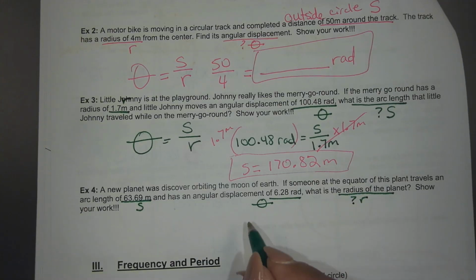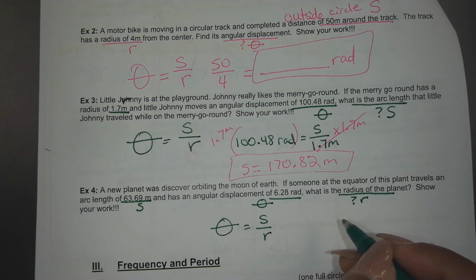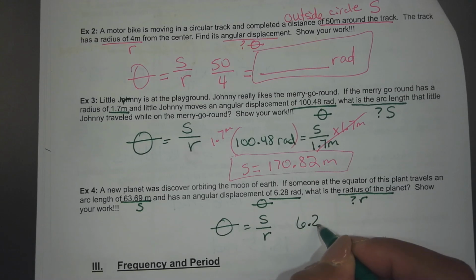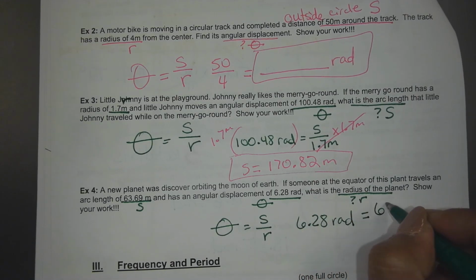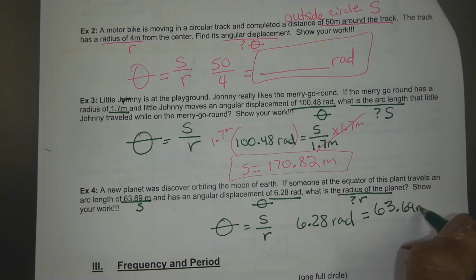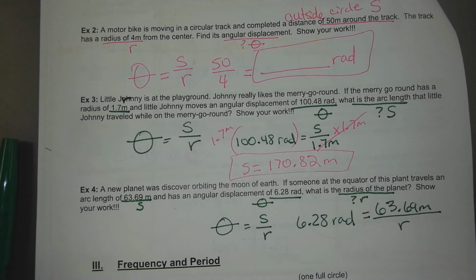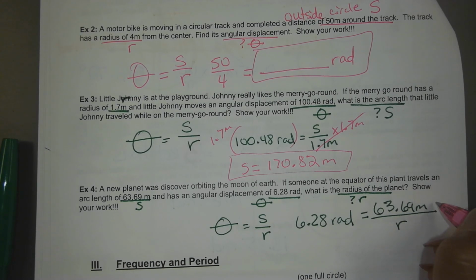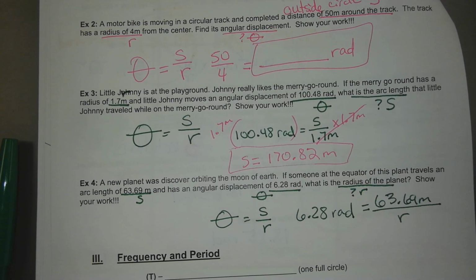Question mark R. Well, theta equals S over R. They gave us the theta of 6.28 rads. The S was 63.69 meters, and I'm looking for the R as my unknown. So for this situation, you would need to solve for the R, right?